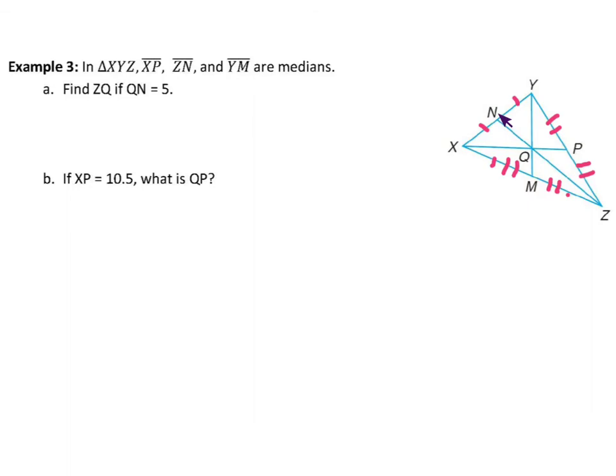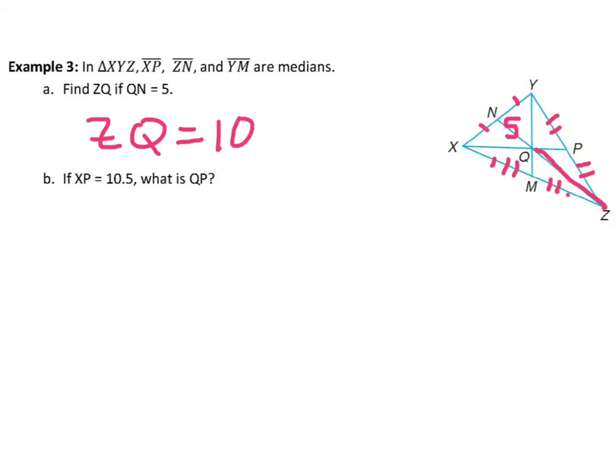So since they gave us QN, let's indicate that here in this diagram as 5. Well, if we're trying to find out what the length of ZQ is, we know that that should be double the length of QN. Therefore, ZQ is equal to 10 units.